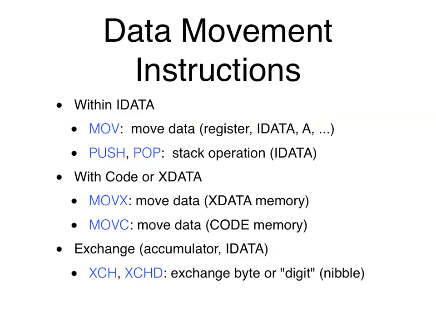We'll first look at within iData. And remember, iData is this 256 byte space that's very close to the CPU. In fact, the first 32 bytes are mappable to the banks of registers. So when you see a MOV instruction, that's the mnemonic for moving data to or from iData.